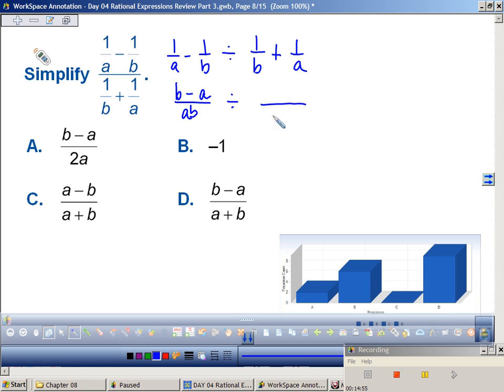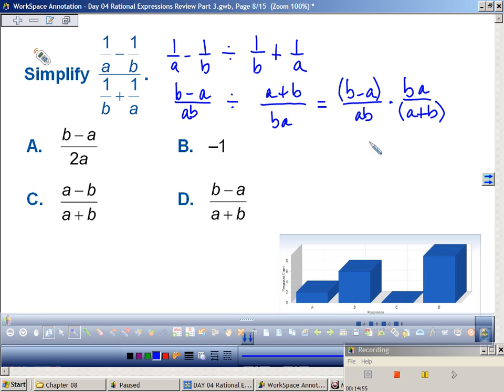Divided by, this one is also BA. What does this one have to be multiplied by? A plus B. Now I'm going to rewrite it. B minus A over AB times BA over A plus B. These are on lockdown, right?